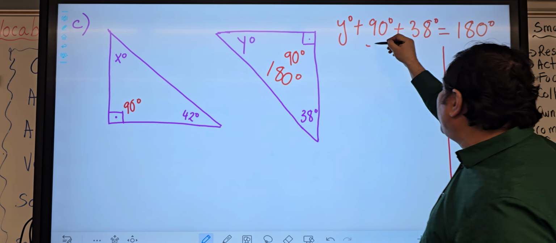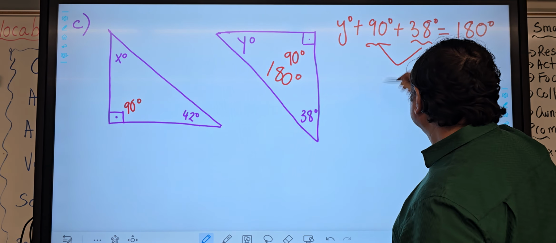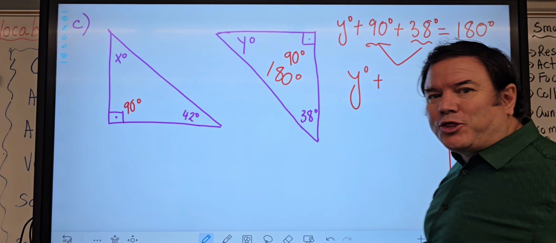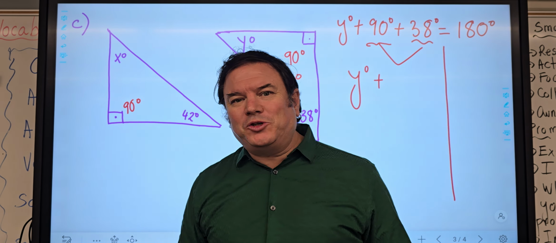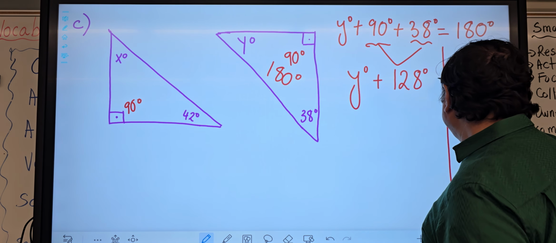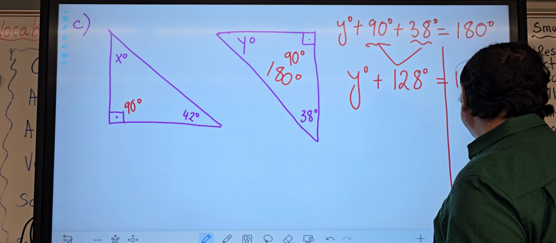So again, we have to combine the like terms here. So we have y plus 90 plus 38, which becomes 128. So y plus 128 degrees equals 180 degrees.